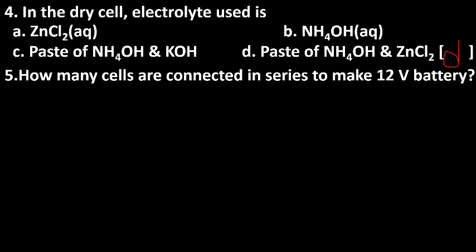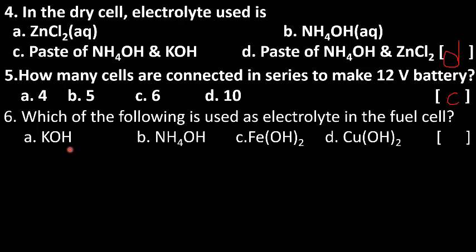Now the fifth question is, how many cells are connected in series to make a 12 volt battery? A 4, B 5, C 6, D 10. Our correct option is C. Which of the following is used as electrolyte in the fuel cell? The options are KOH, NH4OH, ferric hydroxide, and copper hydroxide.